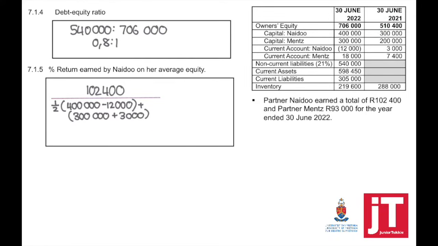For 30 June 2021, the capital was 300,000 and the current account was 3,000. So, because we want to know the percentage return, this must always be times 100. Now we can take the net profit divided by the average equity times 100 equals 29.6%.